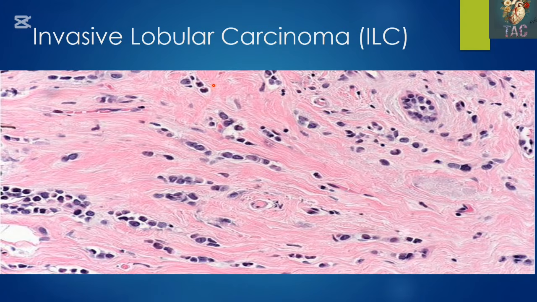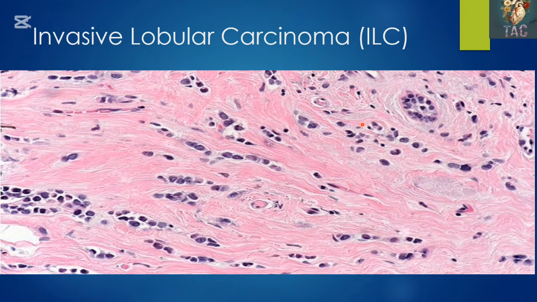These are infiltrating the stroma, surrounded by connective tissue. Some ducts are also involved, and another important point is the cells may have a plasmacytoid appearance, meaning they have a larger nucleus with a rim of cytoplasm around the nuclei. Signet ring cells may also be present.